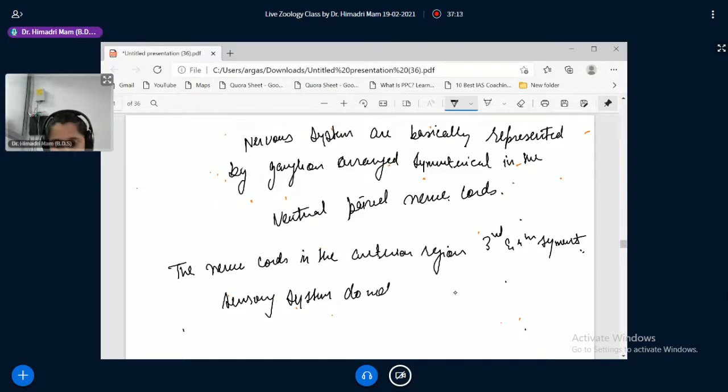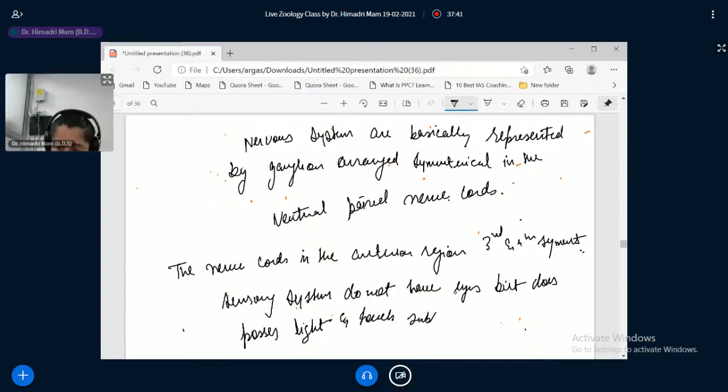They do not have eyes, but they have light and touch sensitive organs to distinguish the light intensities.